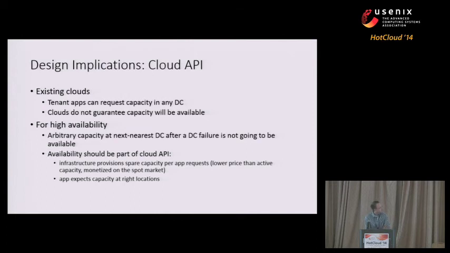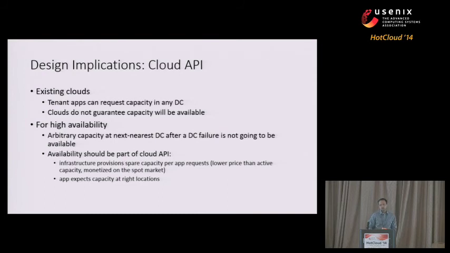A third thing that the software will have to look at is the cloud API. Today, clients, just like a tenant who wants to run an app in the cloud, simply request, hey, I need this many VMs. And the cloud will give you that many VMs. There's no guarantee. The cloud could come back and say, hey, I don't have any more VMs to give you. But usually, they would have it, and the tenant would get it. That doesn't really work if the capacity is allocated optimally.